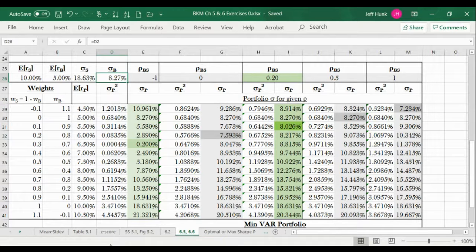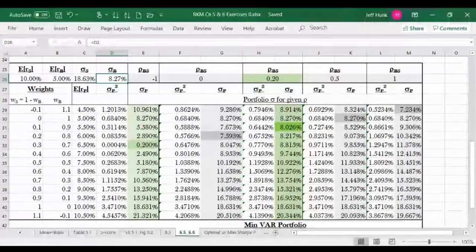But in the slide, they use just completely rounded numbers. So for stock portfolio standard deviation, they use 19%. For bond portfolio, they use 8%.